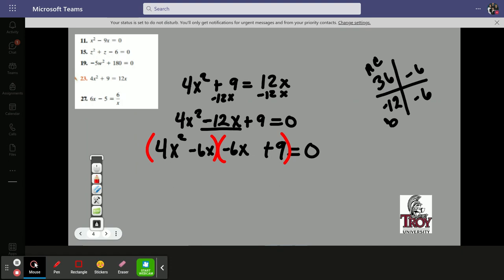Now I got to factor out. What can I pull out of 4x squared minus 6x? What's in both of those? 2x. So if I pull a 2x out, what's 4x squared divided by 2x? 2x. Okay. What about negative 6x divided by 2x? Negative 3.